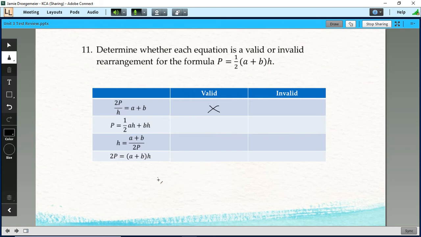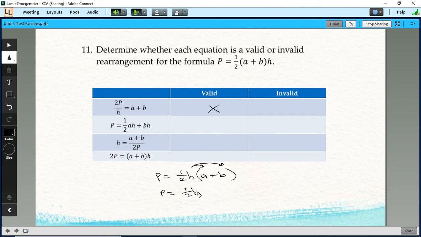Well, it looks like they've distributed. And so I'm going to rewrite it this way just because it's a little bit easier to look at it this way. So this 1/2 times H, if I distribute that, I would need to multiply it by each term that's inside of the parentheses.